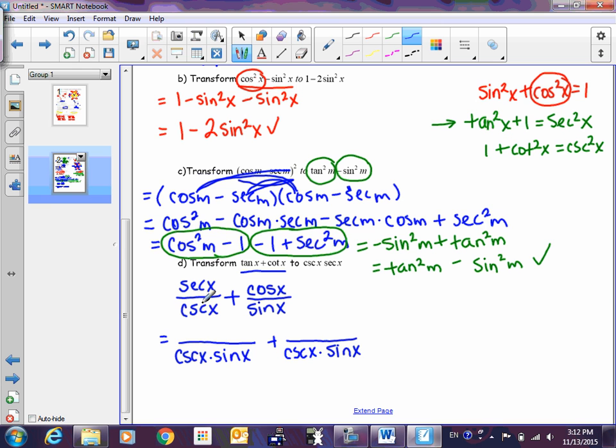So in the first group, I changed the denominator. What did I multiply the denominator by? Sine. I have to do that to the top. So I have a secant x times a sine x.